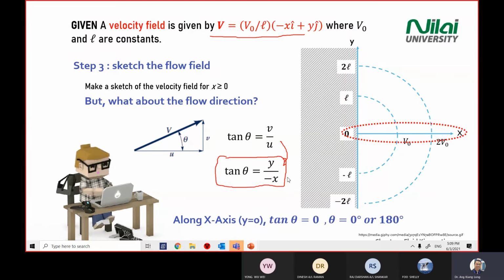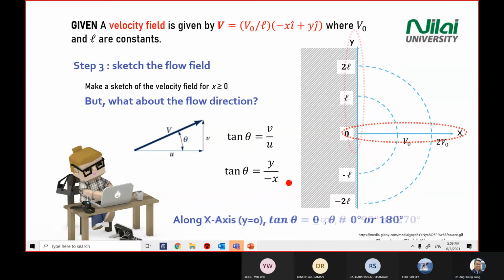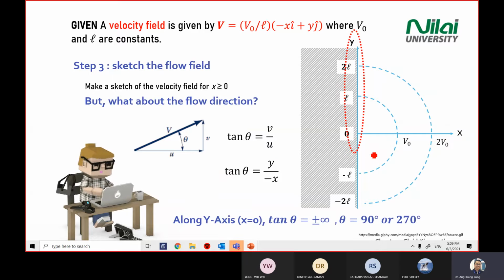What happened to the x? Same scenario. Now you apply to the y-axis, sorry. At the y-axis that I highlight with the dashed line here, y-axis is also x equals 0. All the x value along the y-axis equal to 0. So what happens if your x equal to 0? You divide something with 0, you get infinity value.